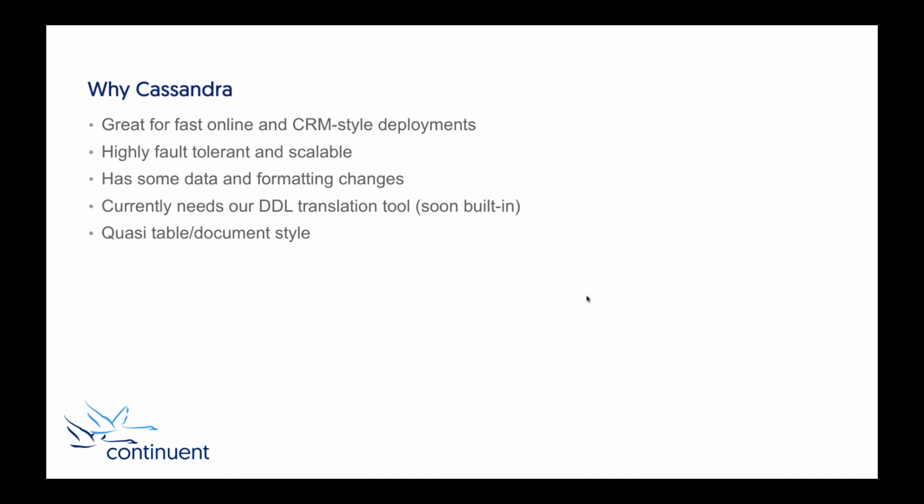Because of that distribution across all of those different nodes in a typical Cassandra cluster, it's also very scalable. You can expand the cluster and improve your performance, improve the way that the information gets distributed, and therefore accessed.